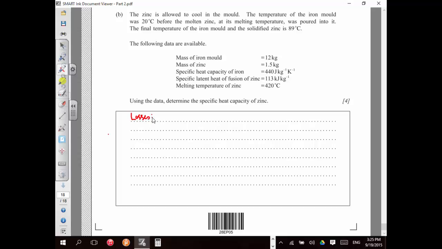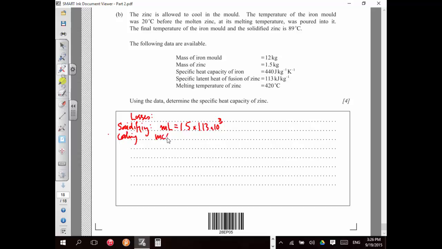And that is solidifying, that's ml, which is equal to, we've got 1.5 kilograms of it, and L is 113,000, that's times 10 to the 3. And then we've got cooling.